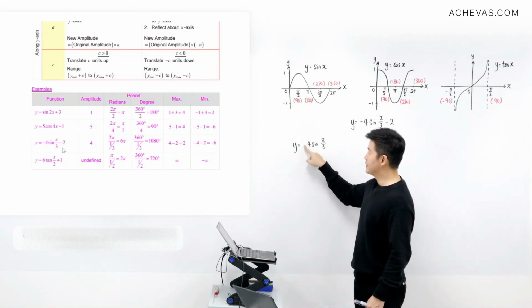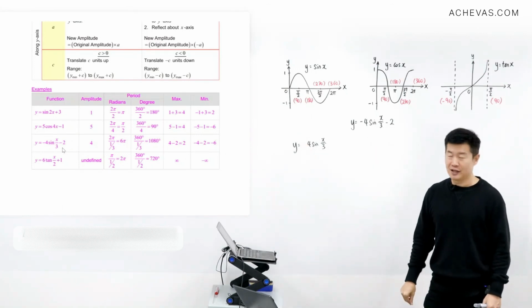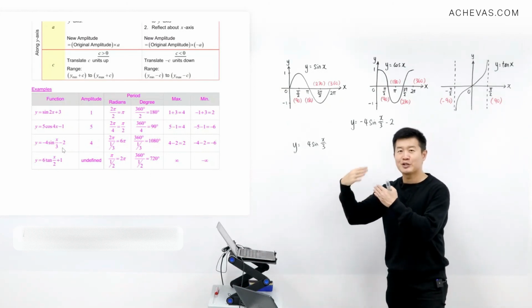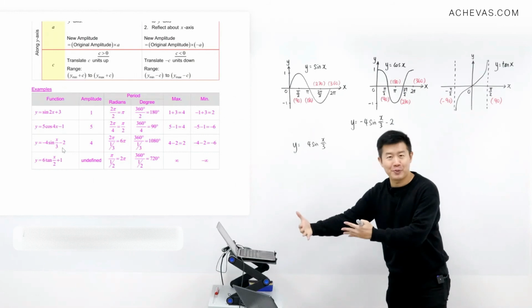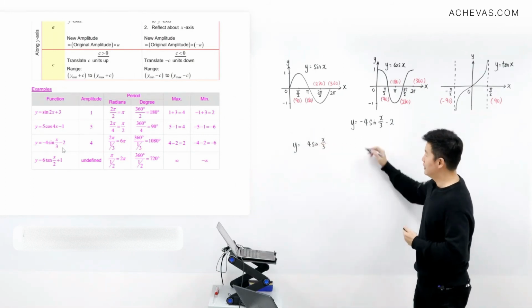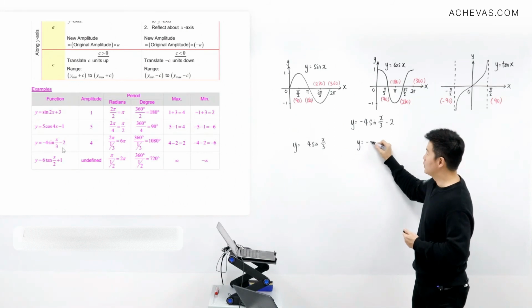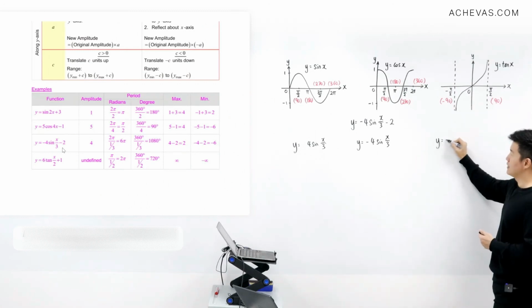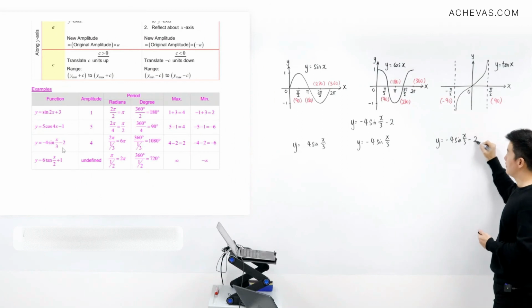So I'm going to ignore this negative first, which means that I'm going to split it into one more graph. So I'm going to be drawing this graph. Then I will draw minus 4 sine x over 3. Then I will draw y is equal to minus 4 sine x over 3 minus 2.